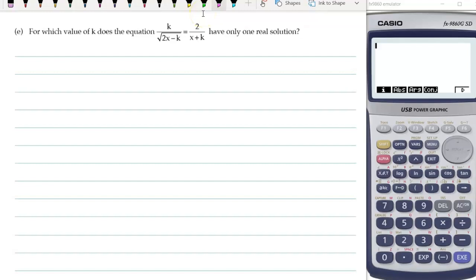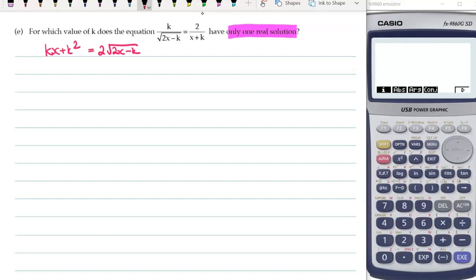Okay, the last one on this paper is about types of solutions. We want only one real solution to this equation, so we're going to rearrange it into a quadratic and then look for the discriminant. So if we cross multiply here, we've got kx plus k is equal to 2 root 2x minus k. Multiply that k through there, we've got kx plus k squared.